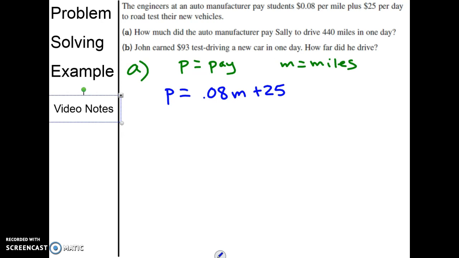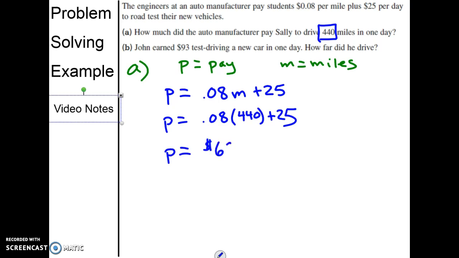They want to know if you were to do a 440 mile trip, how much pay would you get? Well, P equals, we're going to put this 440 in right there. If you were to multiply that and add that out, you would come up with an amount of $60.20.